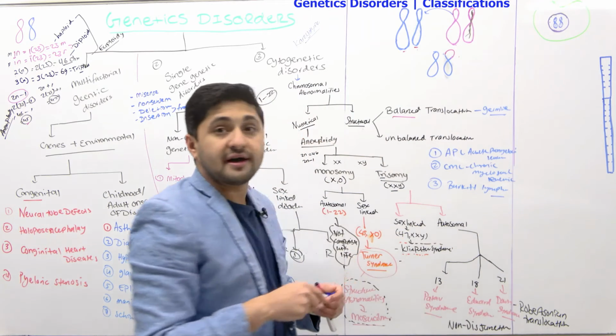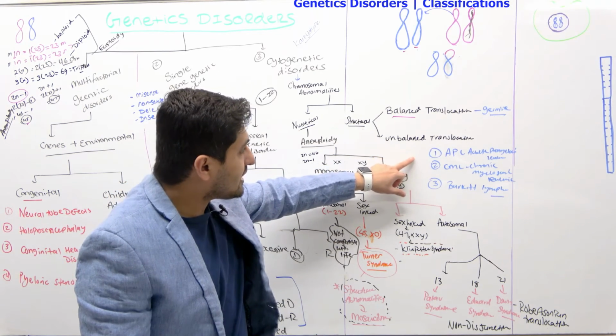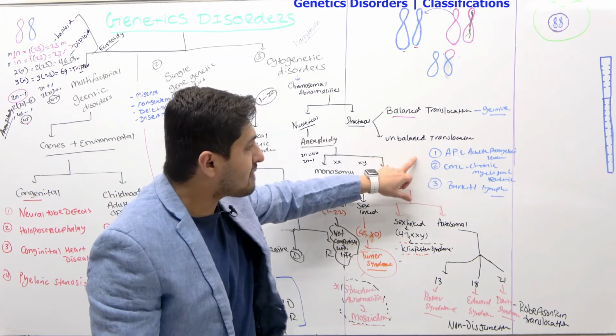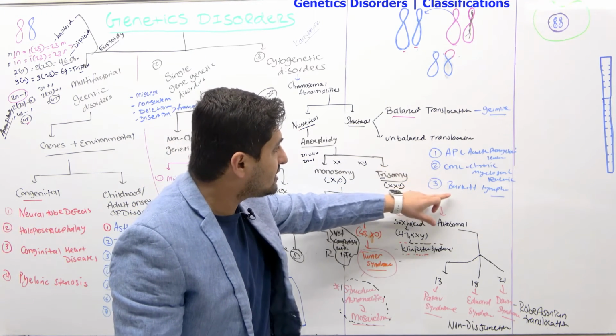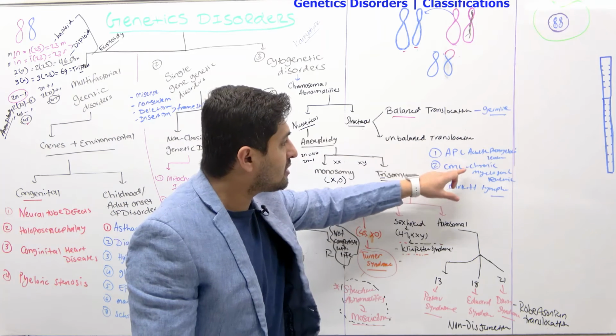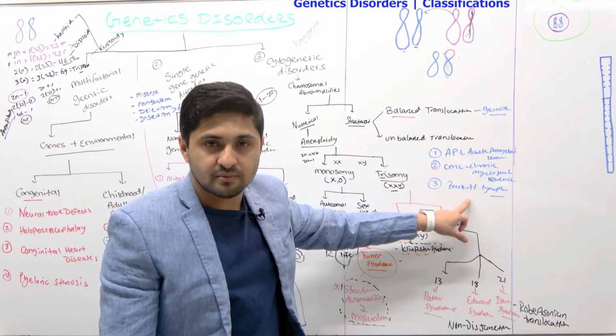Very, very important. So remember, if there is a translocation, an unbalanced translocation, that can result in a condition called acute promyelocytic leukemia, CML, or Burkitt lymphoma. You must remember this.